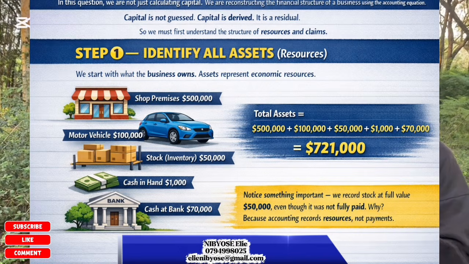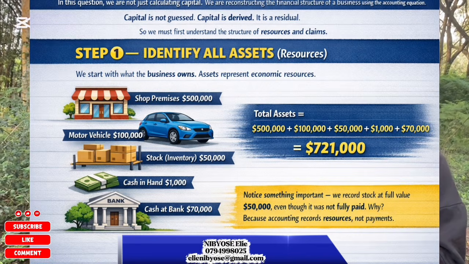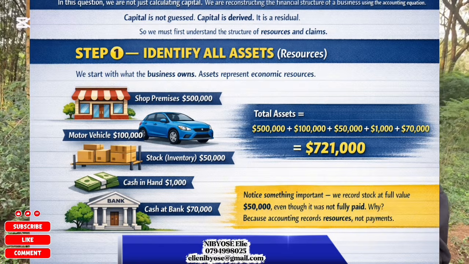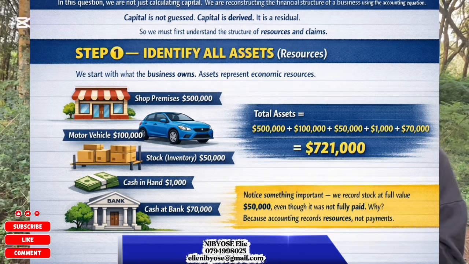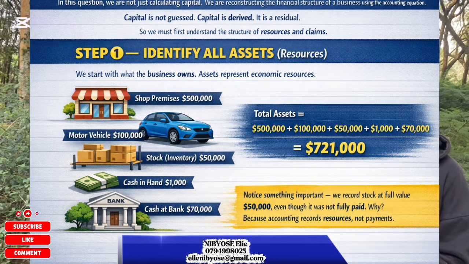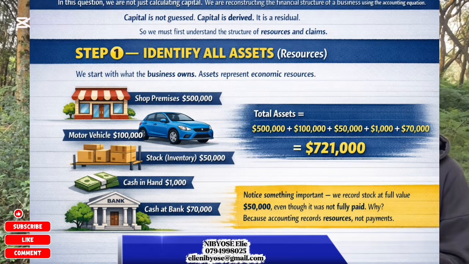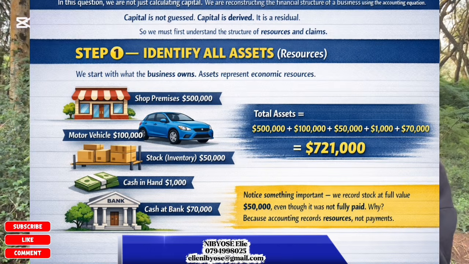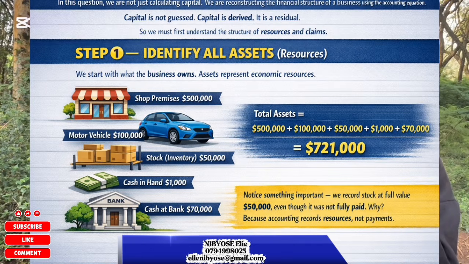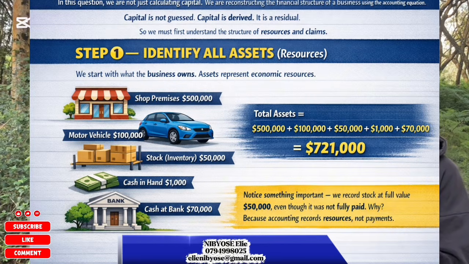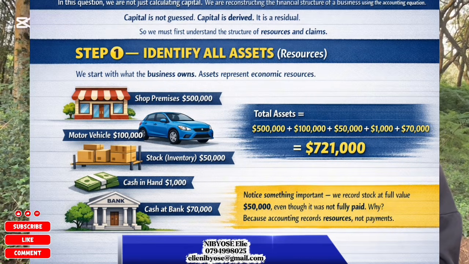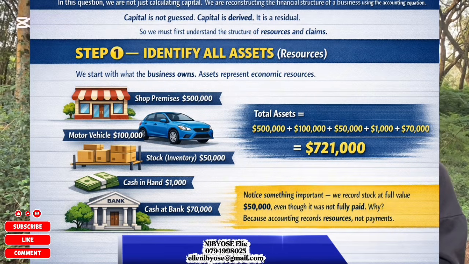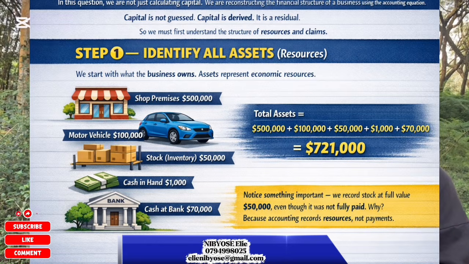Now, let's add asset and find our total asset. We add 500,000 plus 100,000 plus 50,000 plus 1,000 plus 70,000. And the total asset be 721,000.